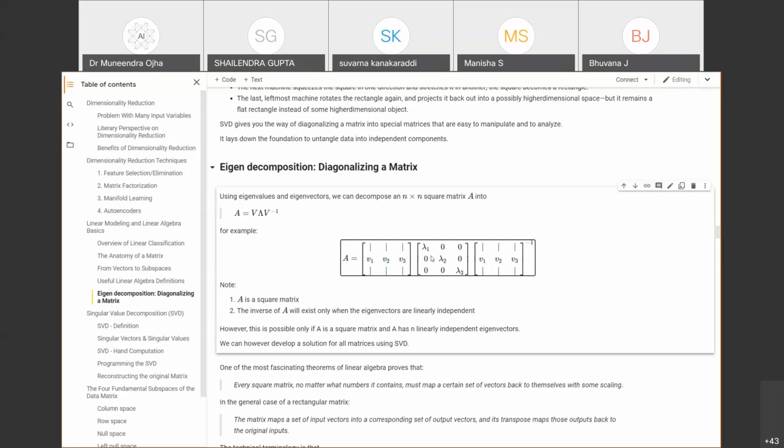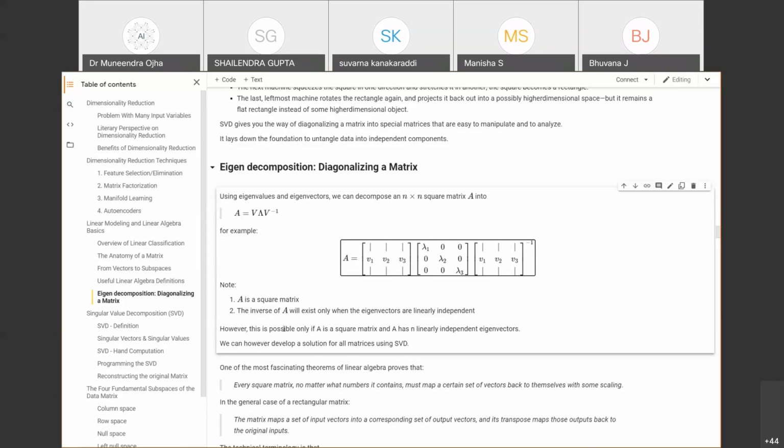We will have 3 eigenvalues, lambda 1, 2, 3, that will fall on the diagonal, and then the V matrix is inverted at the end and multiplied to V lambda, such that we get the original matrix. This way we can decompose our original matrix into 3 subcomponents, which is called eigen decomposition or diagonalizing a matrix.